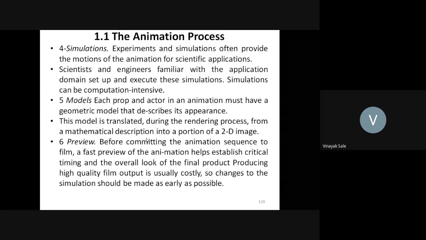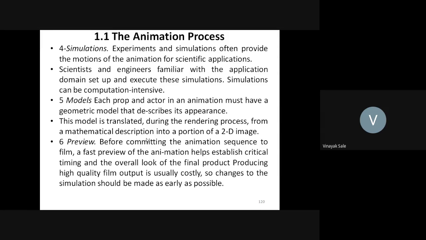Then the fourth part is simulation. Experiments and simulations often provide the motion of the animation for scientific applications. Scientists and engineers familiar with the application domain set up and execute these simulations. Simulations can be computation intensive.